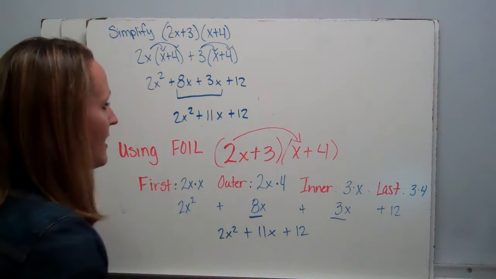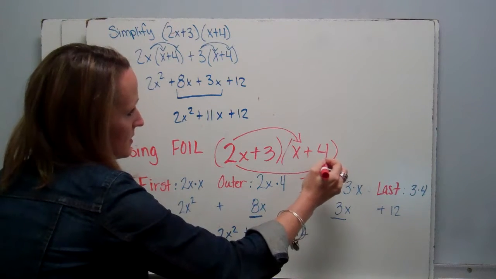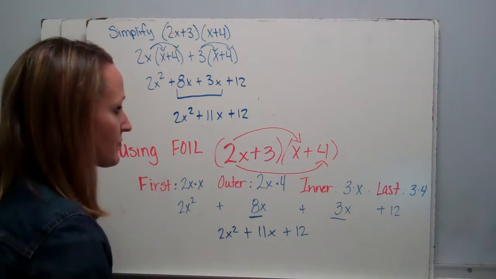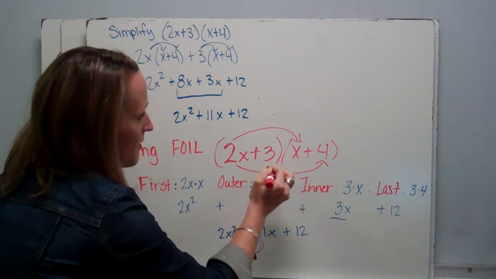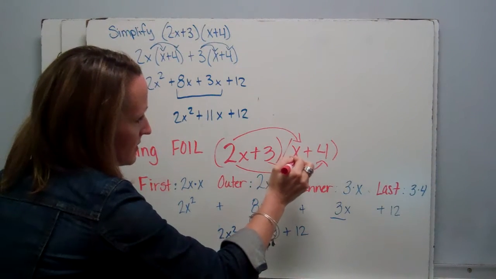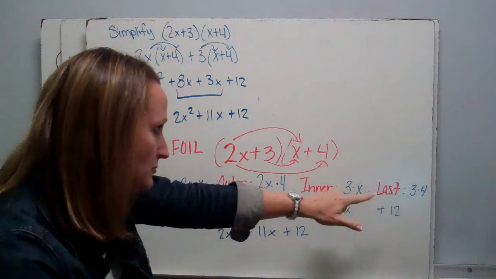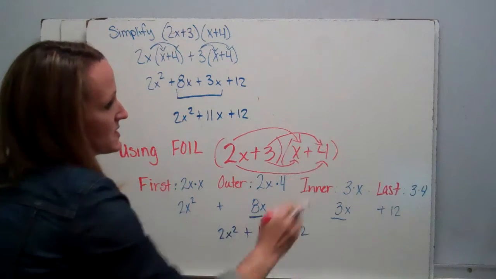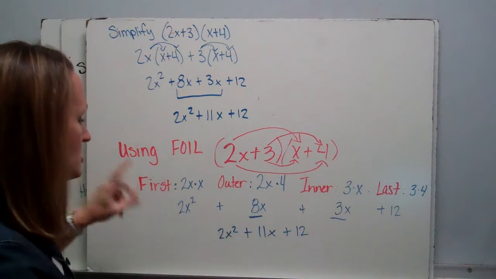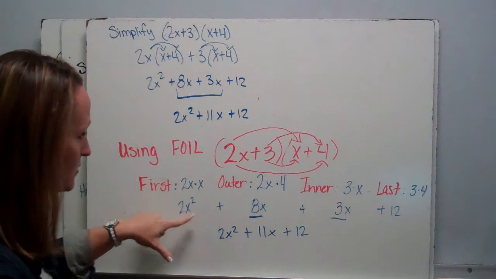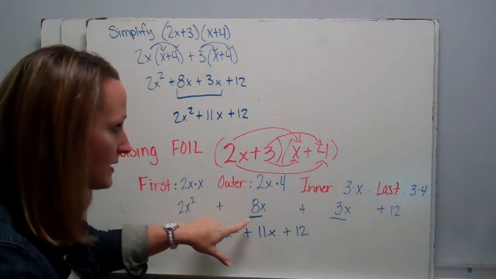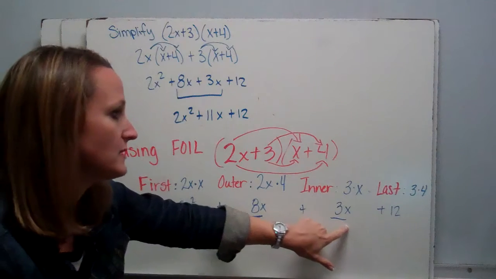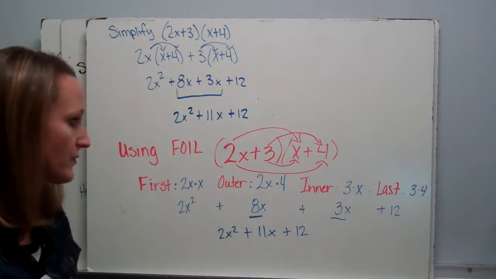Then we do the outer, 2x times 4. Then we do the inner, 3 times x. Then we do the last, 3 times 4. So when we multiply those, we get 2x squared plus 8x plus 3x plus 12.